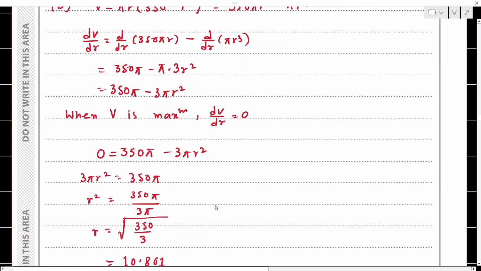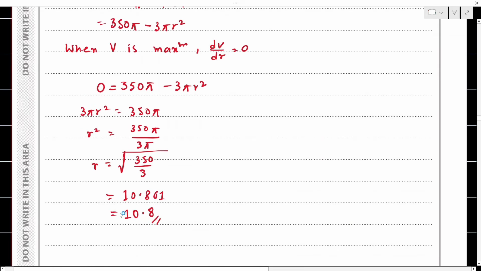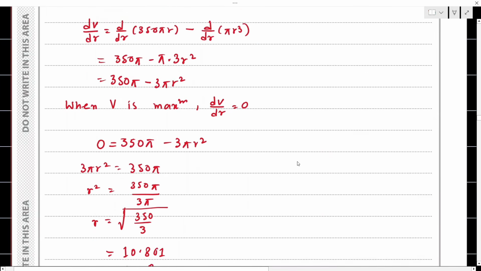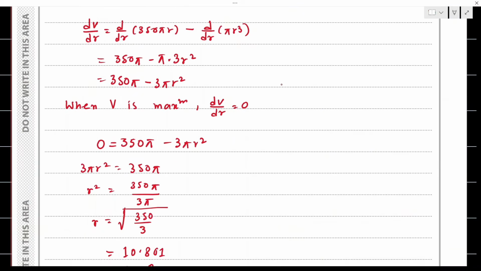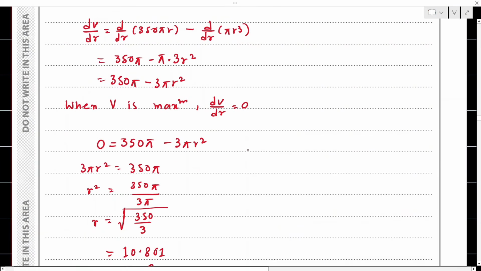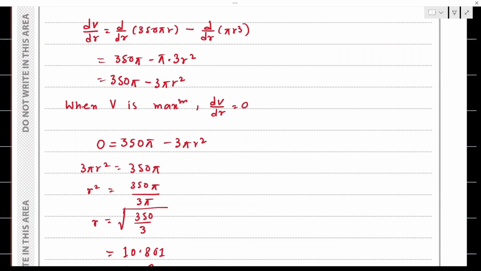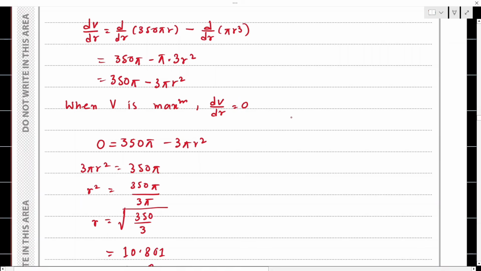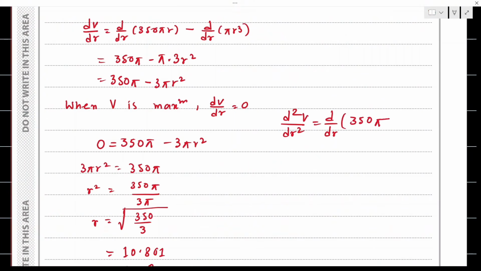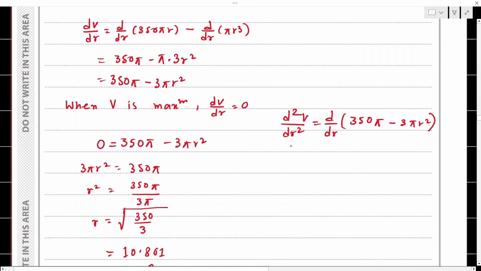That's why in order to be sure that this value is indeed maximum, we need to find out the second derivative of this function, which is d square by dr square of v. So I can write that d square v by dr square will be equal to d by dr of 350 pi minus 3 pi r square.